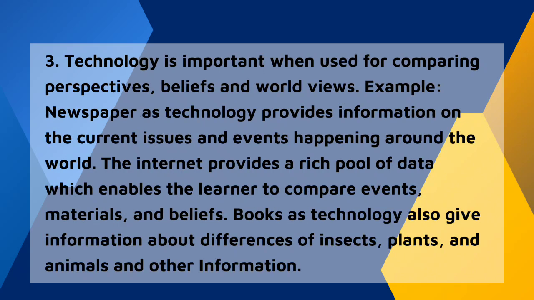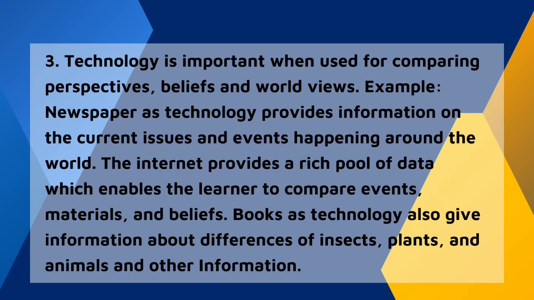Okay. Third, technology is important when used for comparing perspectives, beliefs, and worldviews. Example, we can use newspapers as technology where it provides information on the current issues and events happening around the world. So the internet provides a rich pool of data which enables the learner to compare events, materials, and beliefs.